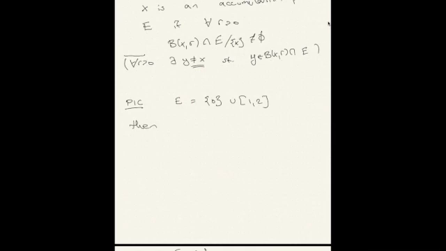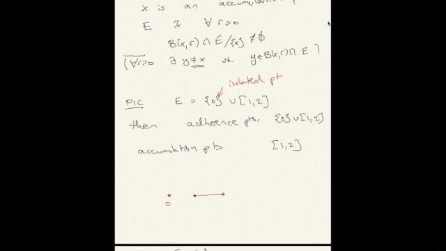Then the adherence points are just {0} union [1, 2], all of the points in E. But the accumulation points are just the points [1, 2]. And why is this? Because the point 0 is a so-called isolated point of the set E. So if we draw this, we have 0, then we have the interval 1 to 2.